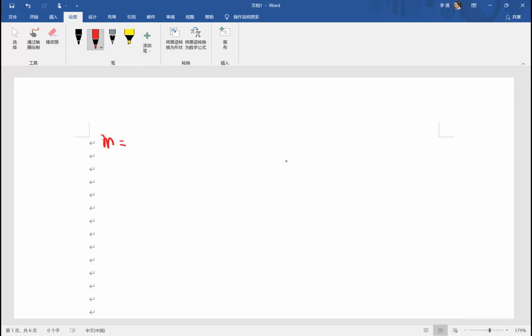Let's start with the slope m. The slope m for the third one is equal to -5/4, and the y-intercept is equal to 6, right?